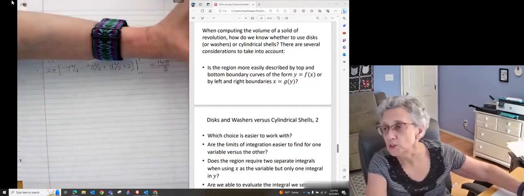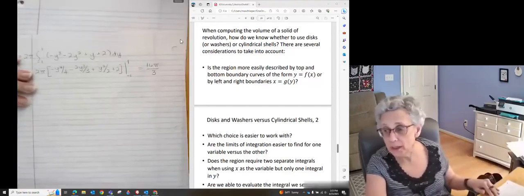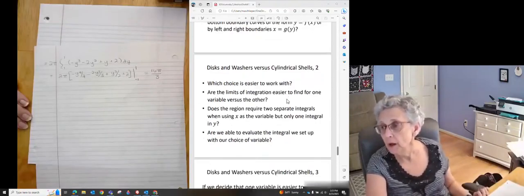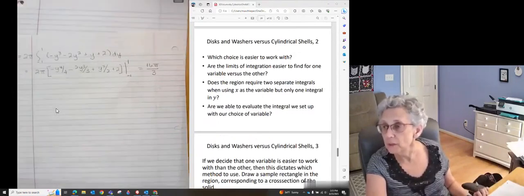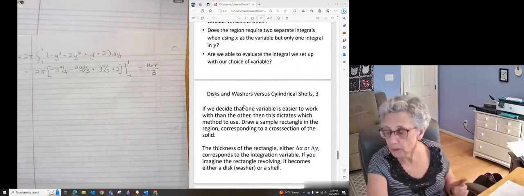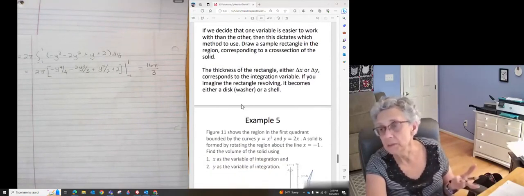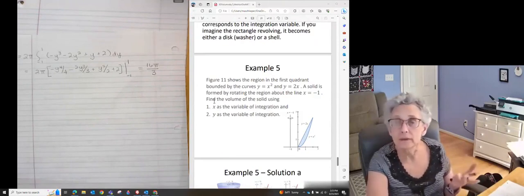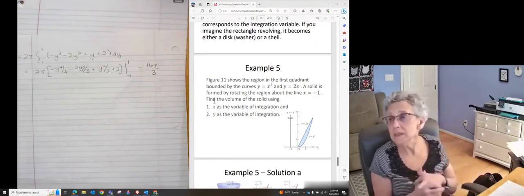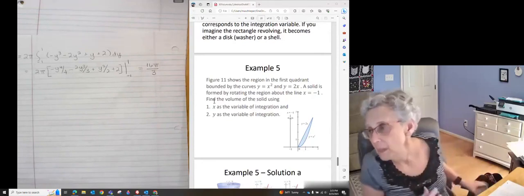Does the region require two separate integrals one way and not the other? Are we able to evaluate the integral we set up with our choice of variable? It's just going to be easier one way than the other sometimes, and sometimes it doesn't matter.